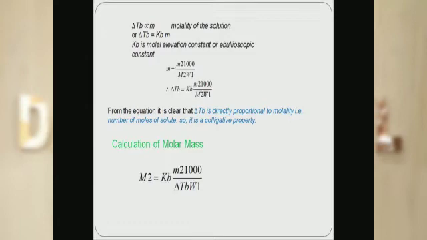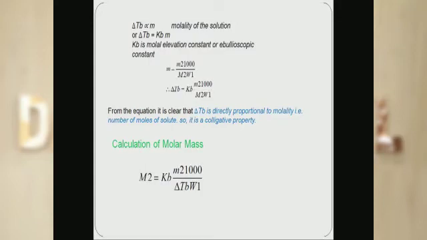This delta TB is directly proportional to the molality of the solution. Changing the sign of proportionality to equality, we take a constant Kb, where Kb is the molar elevation constant or ebullioscopic constant. You can also replace molality by its expression.